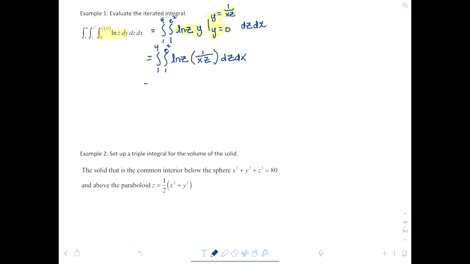I'm going to go ahead and separate out what's treated as a constant just to make this one easier. So we'll be evaluating the integral from 1 to 4. In this case, 1 over x is going to be a constant because we're going to be integrating with respect to z. So we'll be integrating from 1 to e squared of natural log at z over z with respect to z. And then we'll still have our dx that we'll need to take care of.